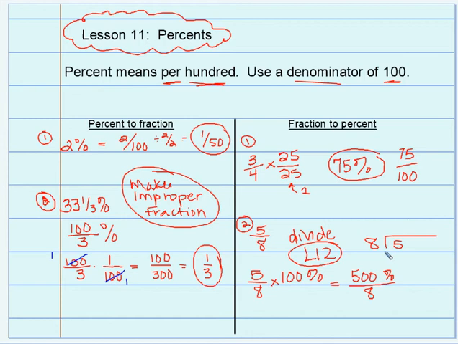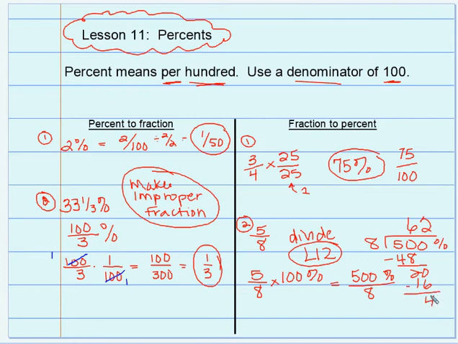I'm just going to borrow what I already had started here. 500% divided by 8. 8 goes into 50, let's see, 6 times, 48. Subtract, we get 2, bring down the 0, that'd be 20, 2 times 8 is 16. Now this didn't come out even, right?